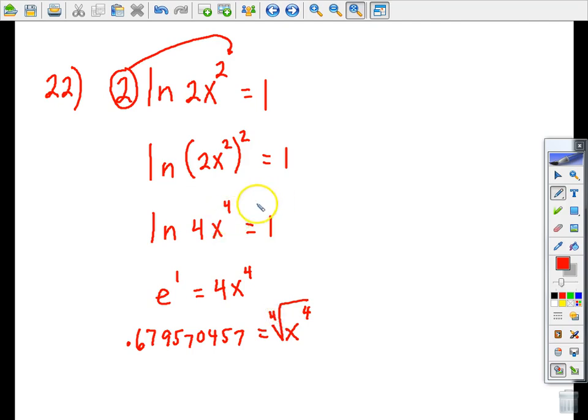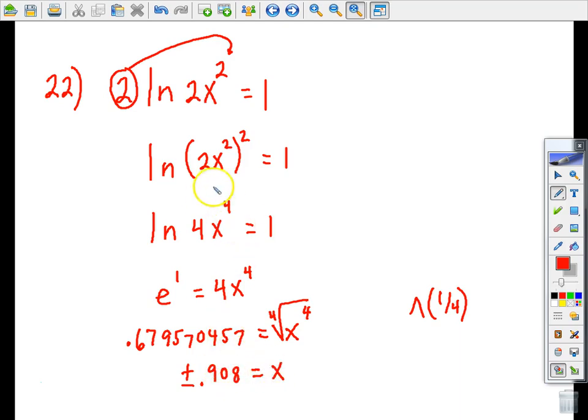But in your calculator, once again, just hit this button, little caret button, and then make sure you use parentheses around 1/4. So in essence, we're raising that long decimal to the 1/4 power. But it is important that you put 1/4 in parentheses. All right, and so we end up with plus minus 0.908, rounding to 3 decimal places.